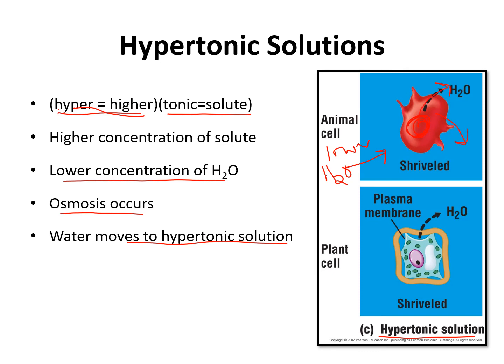And if enough water leaves, the cell will plasmolyze. So it will dehydrate, it will lose water. And the same thing will happen to the plant cell. So this is the rigid cell wall. If you put a plant cell into a hypertonic solution, water will leave the cell and the cell will lose water. And you can see the cell membrane will pull in.